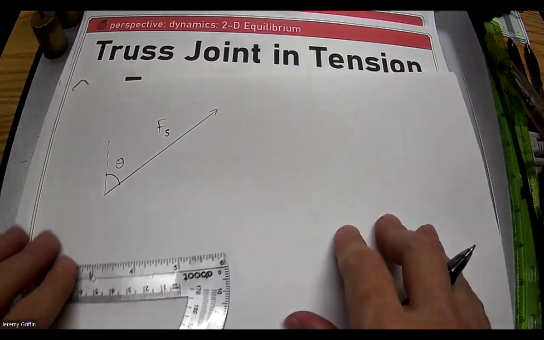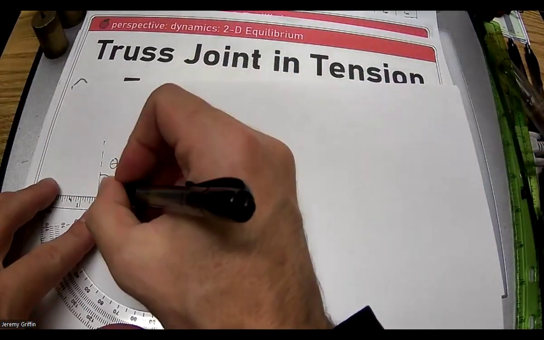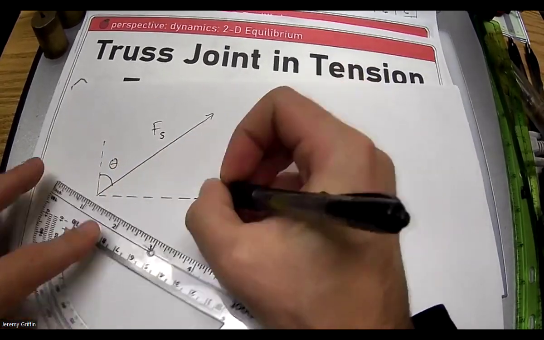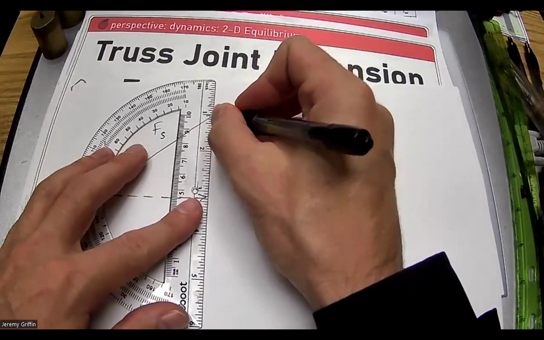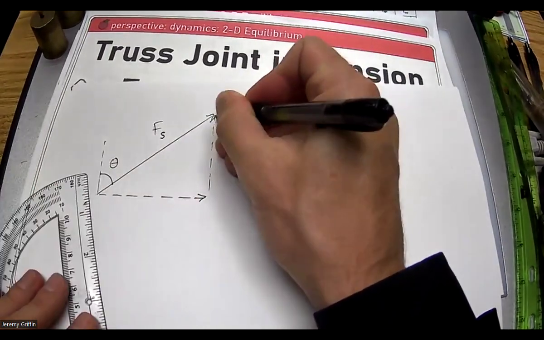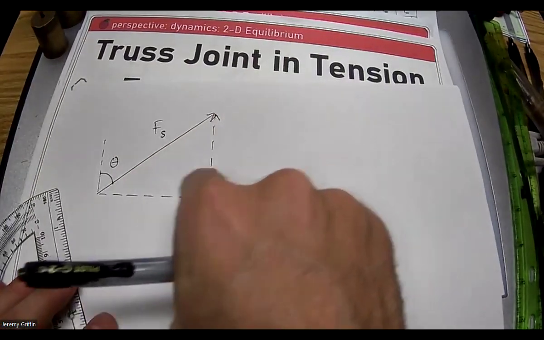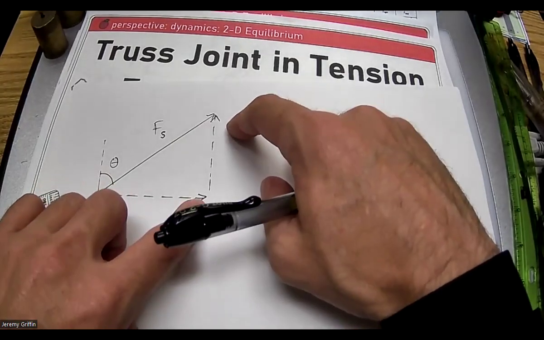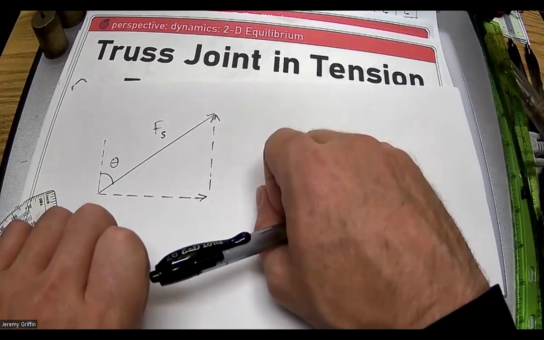So let's throw in some components. Notice I'm dashing the components. How much over? How much up? Those are vector components. They got little arrowheads on them. Is that okay so far?